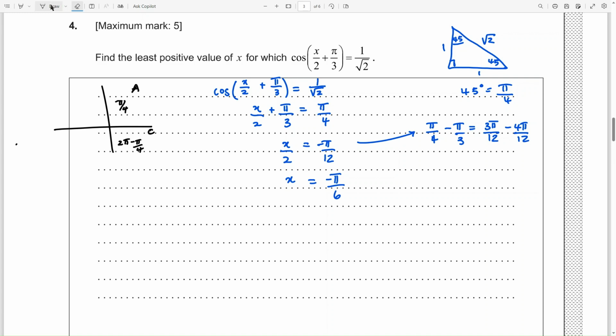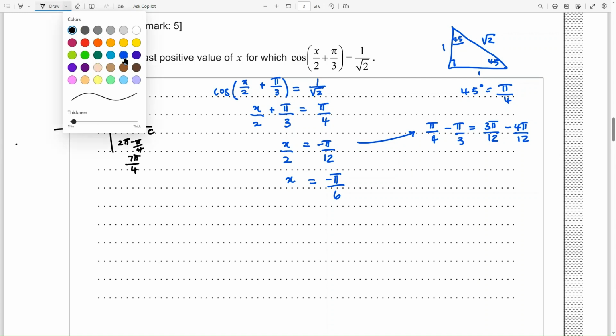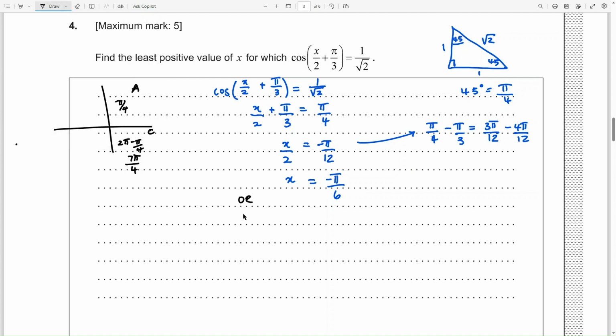Right, let's see what that is. That's 7 pi over 4. Okay, so we're going to solve the equation again, but this time with 7 pi over 4. So this one is out, so the other way, x over 2 plus pi over 3 can equal 7 pi over 4.